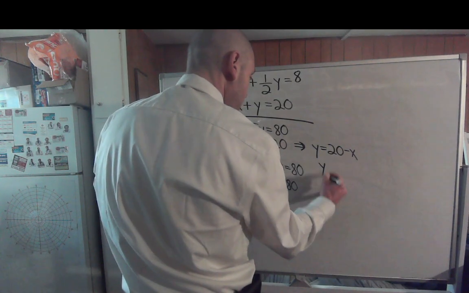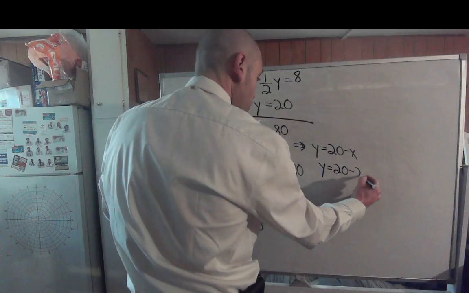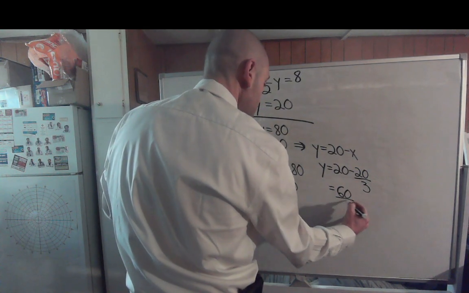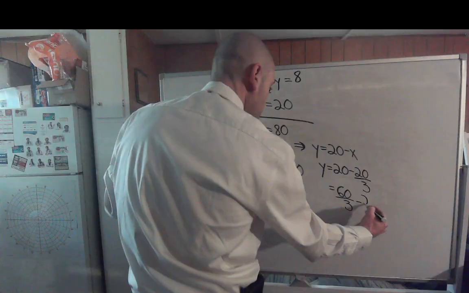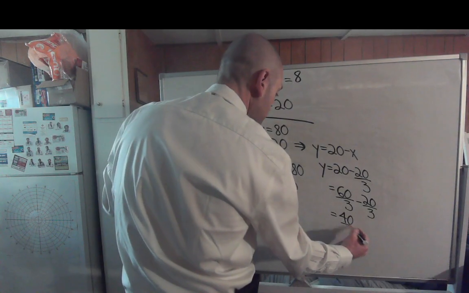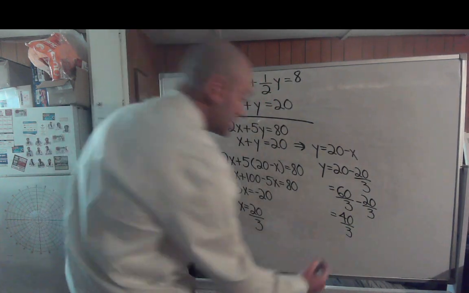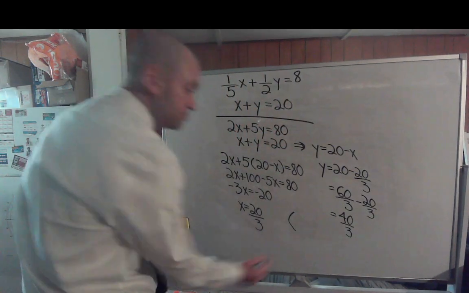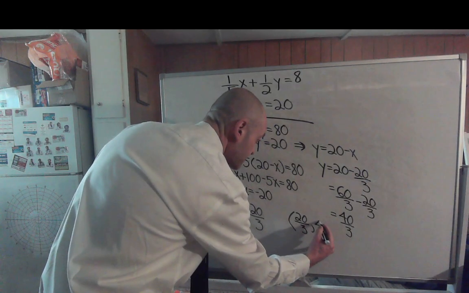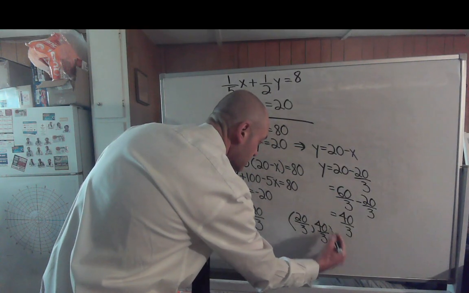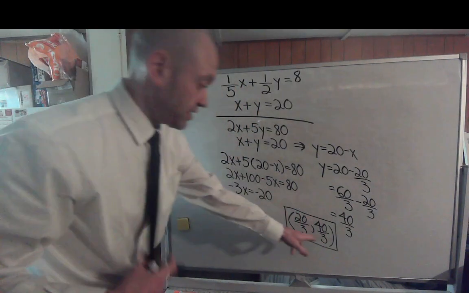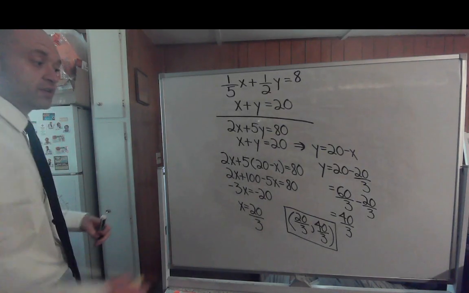So y would equal 20 minus that 20/3, which would equal 60/3 minus 20/3, which would equal 40/3. So the ordered pair that's going to be your solution to this system where the two lines intersect is 20/3 and 40/3.